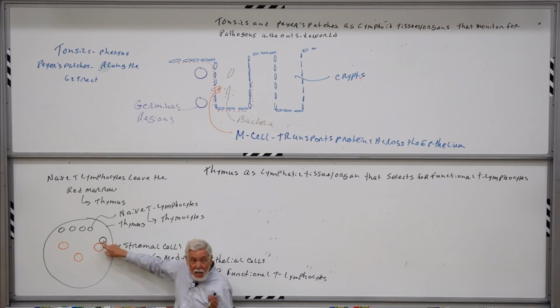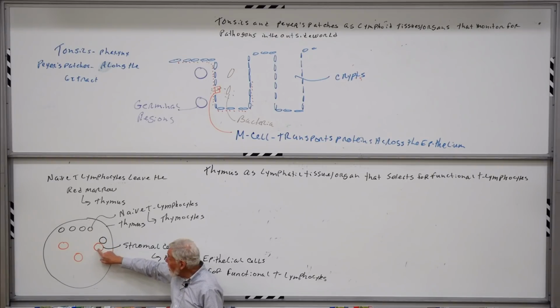I can recognize any number of different proteins. And then the stromal cell says, well, can you recognize all proteins, or only proteins from our own body? And the T lymphocyte says, I can recognize any protein. And the stromal cell says, you're dangerous, go die. And withholds growth factors so the cell doesn't survive.